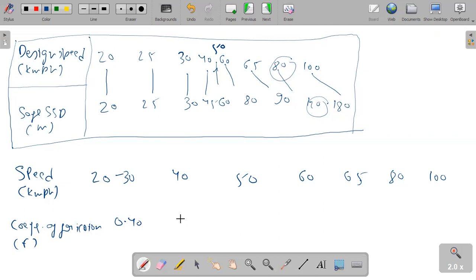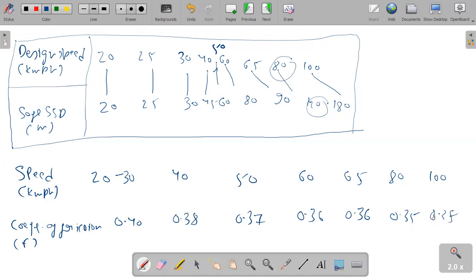For 40 kilometer per hour, 0.38, and for 50, 0.37. For 60 you'll get 0.36, for 65 you'll get 0.36, for 80 you'll get 0.35, and for 100 again 0.35.